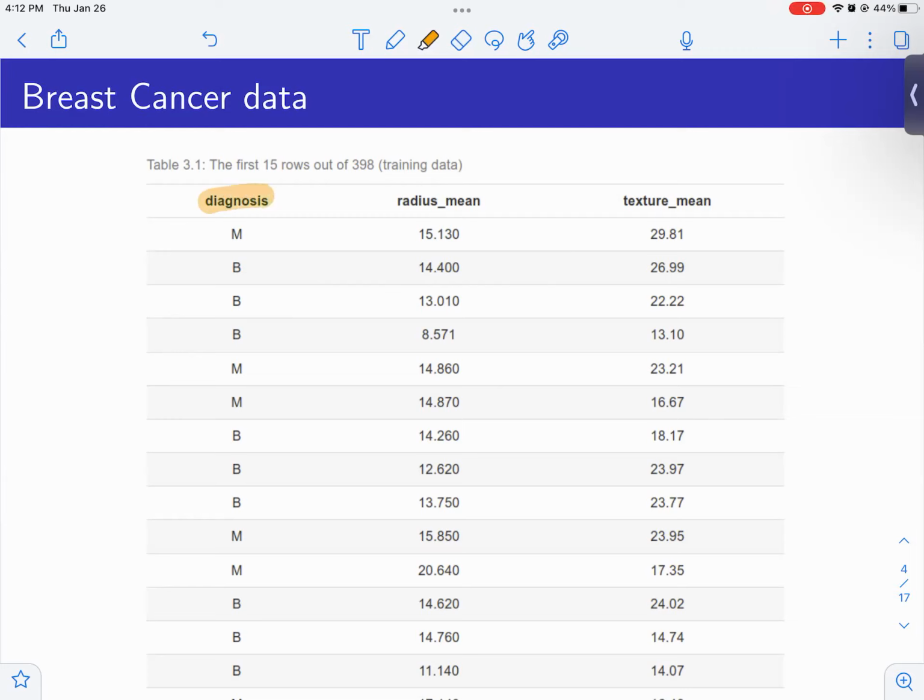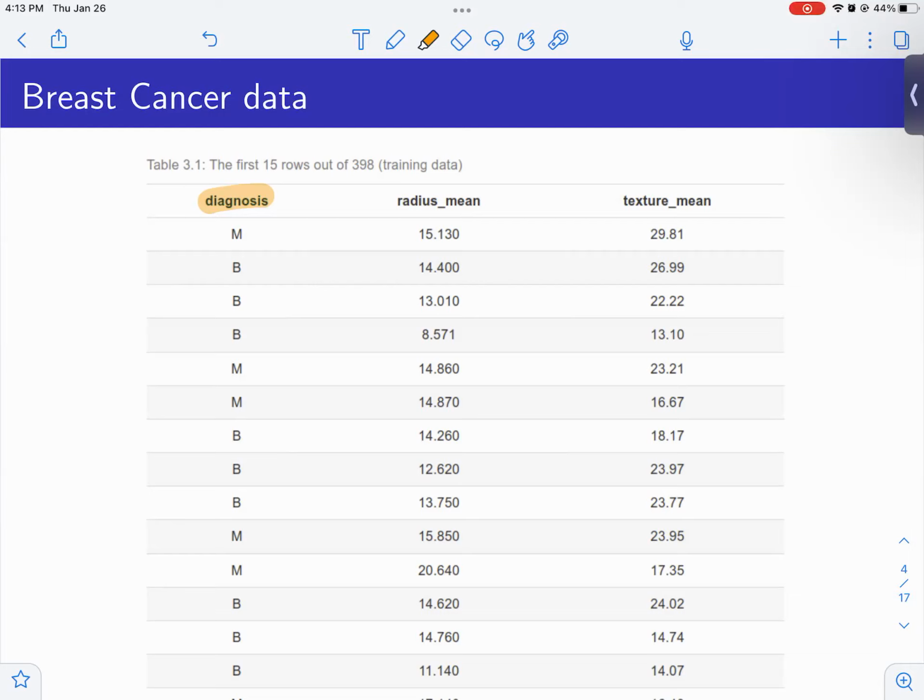They have a sample of cells, and the diagnosis is either malignant or benign. I don't know if it's the type of cancer or the cell itself.